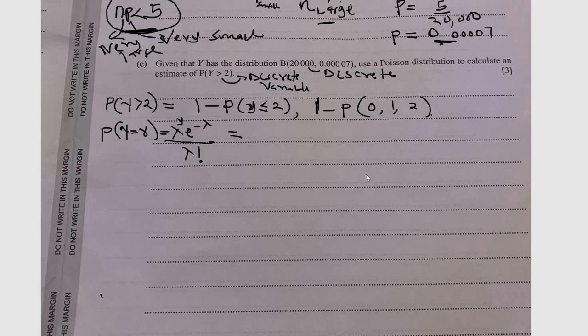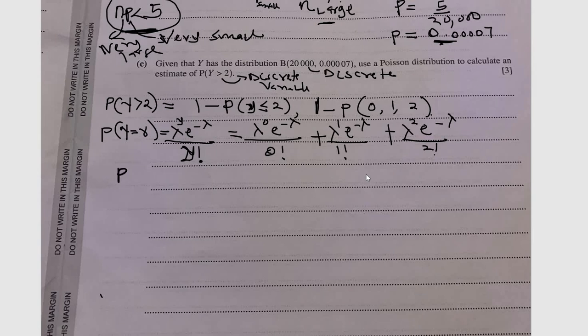When y is 0, we have lambda raised to power 0, e raised to power minus lambda over 0 factorial, plus lambda raised to power 1, e raised to power minus lambda over 1 factorial, plus lambda raised to power 2, e raised to power minus lambda over 2 factorial. So we are doing 0, 1, and 2.